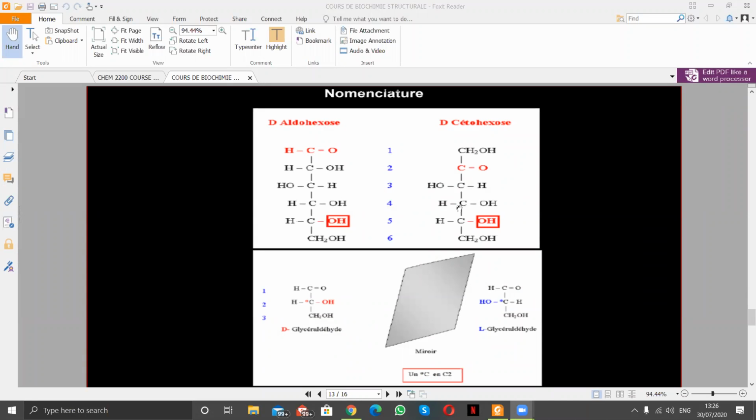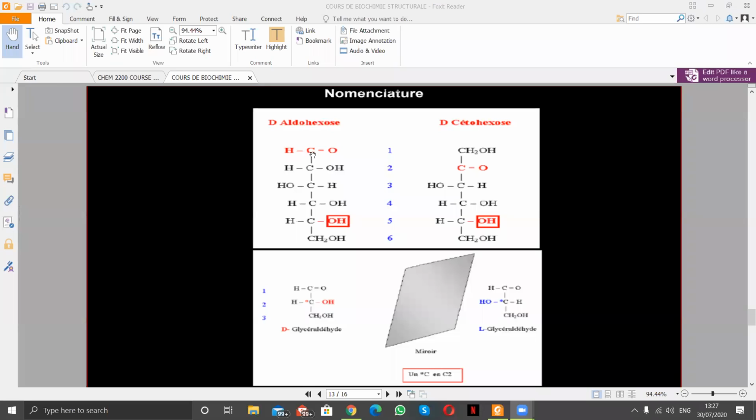Yeah, you can even see here. This is D. Here I can give a clear example of how to name D and L. Actually, in French, when you see a C and a Y, it means carbon asymmetric.